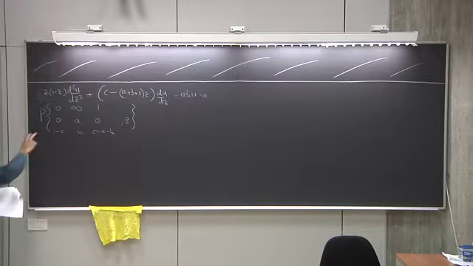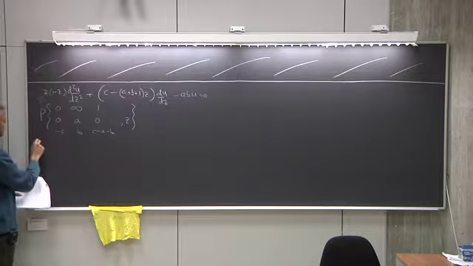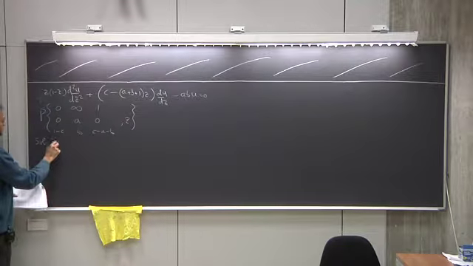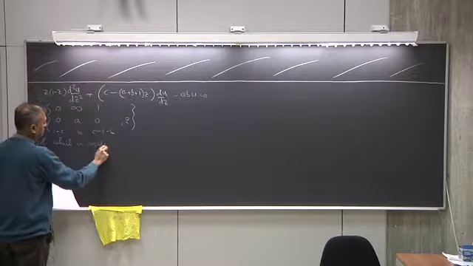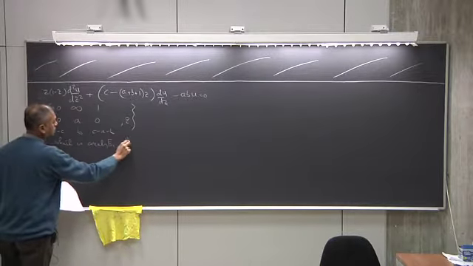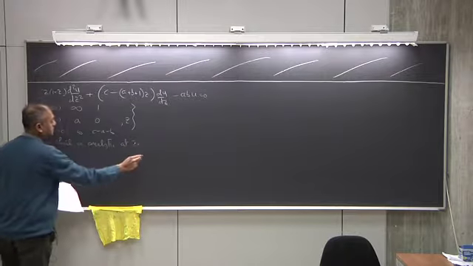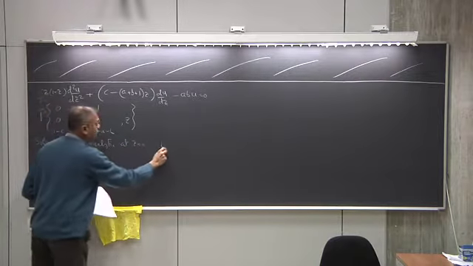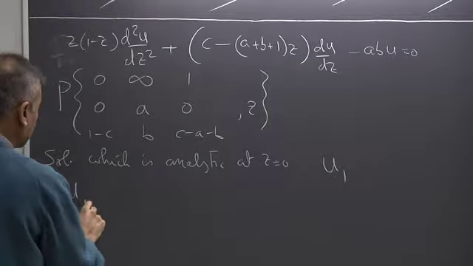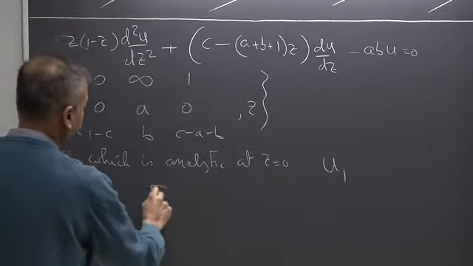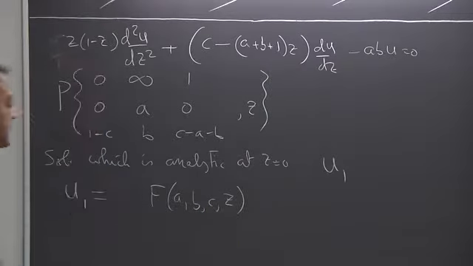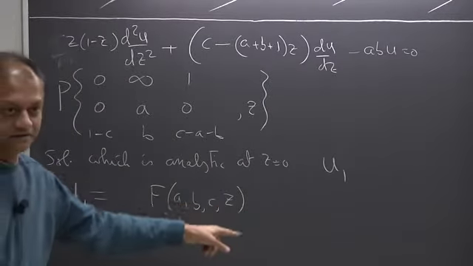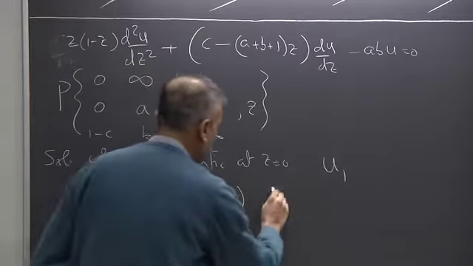The solution which is analytic at z equal to 0, we call u1, and u1 is defined as simply F(a, b, c, z). This is the definition of the symbol F, and it is called the hypergeometric function.